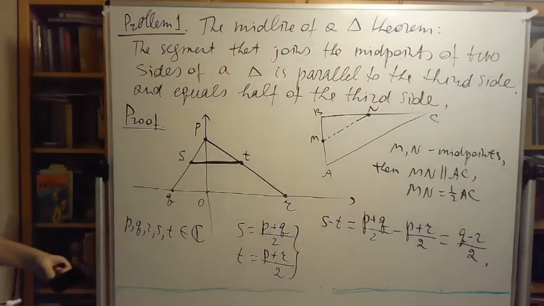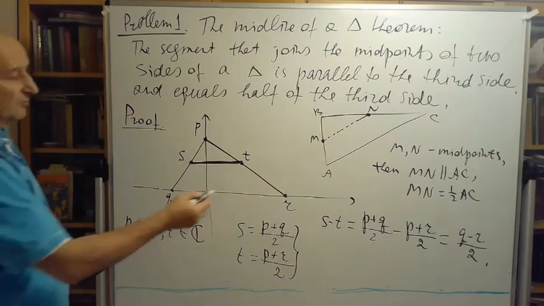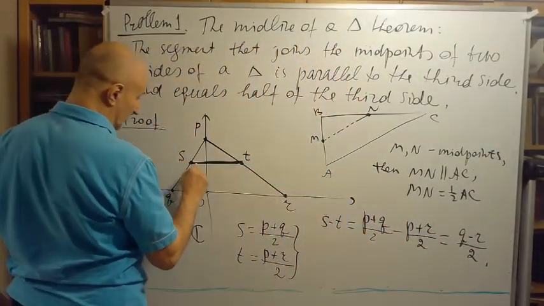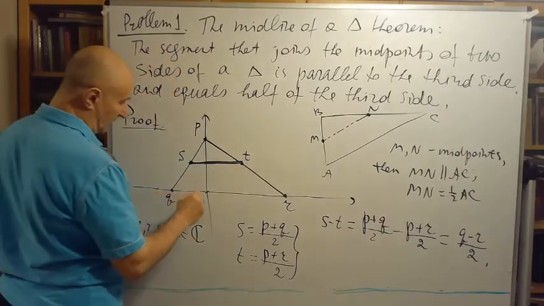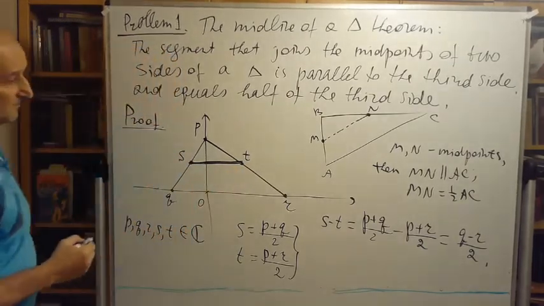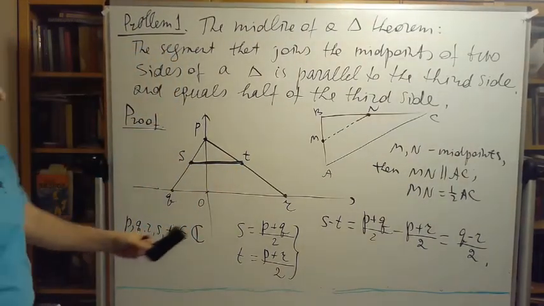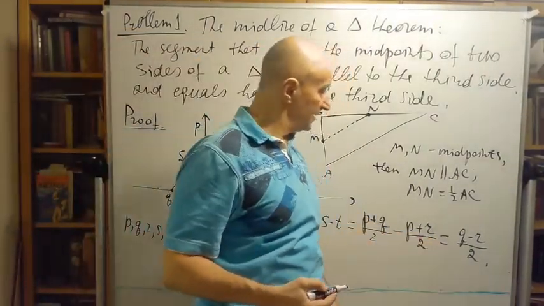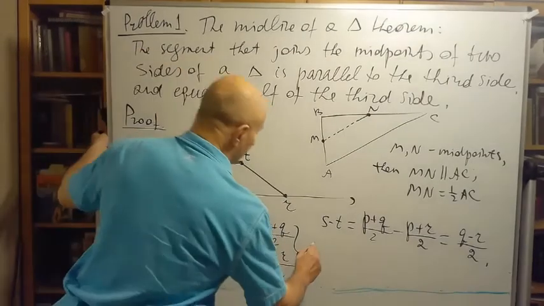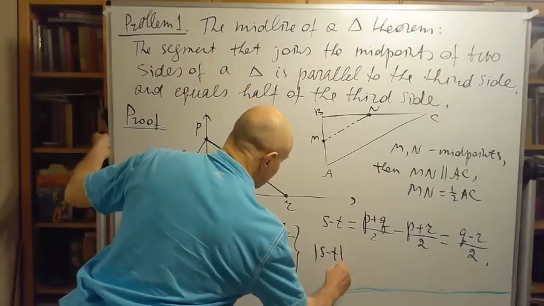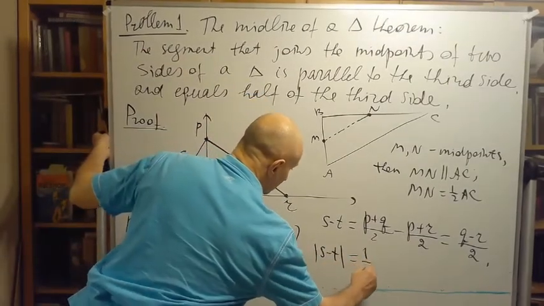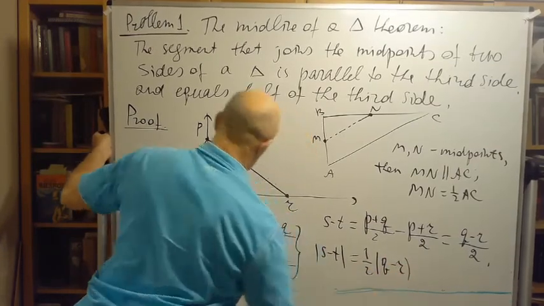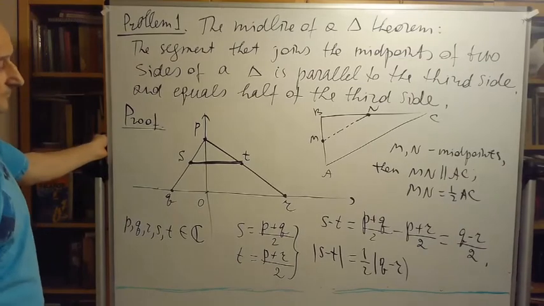And therefore we can see that Q minus R is a real number. So S minus T will be a real number, so it will be parallel to the real axis. And the length of this number will be just 1/2 of the length of this number, yes? The modulus of S minus T will be 1/2 of the modulus of Q minus R. That's it.